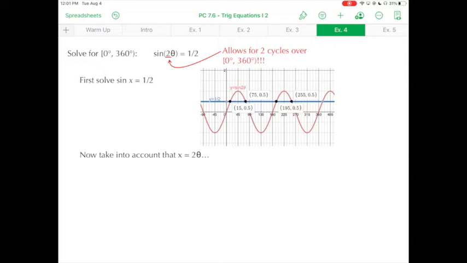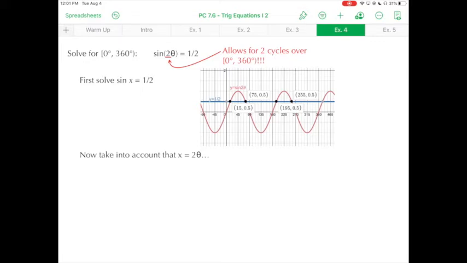Now, the argument of this equation is 2 theta, all right? And think back to when we graphed trigonometric functions. If I were graphing y equals sine of 2 theta, that 2 is going to have a horizontal stretching effect on the parent function to where it's going to give you 2 cycles over the interval 0 to 360 degrees.